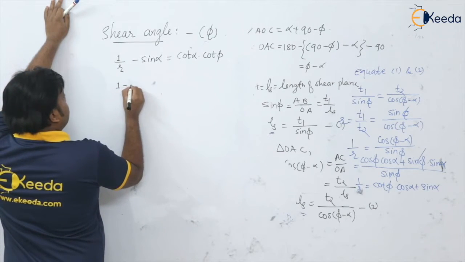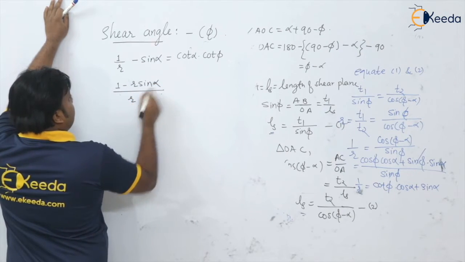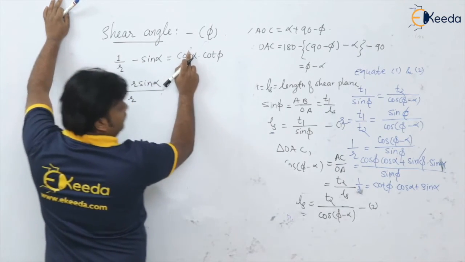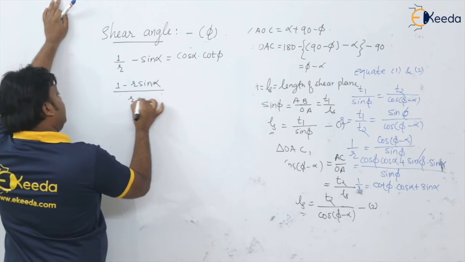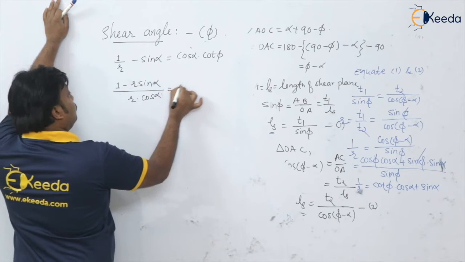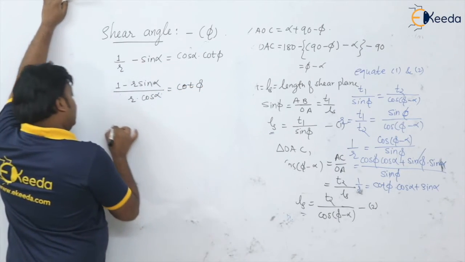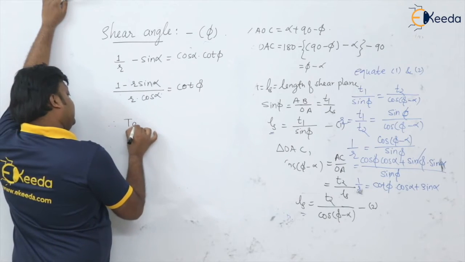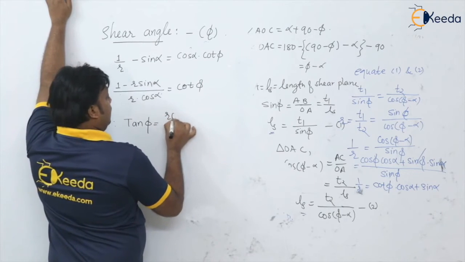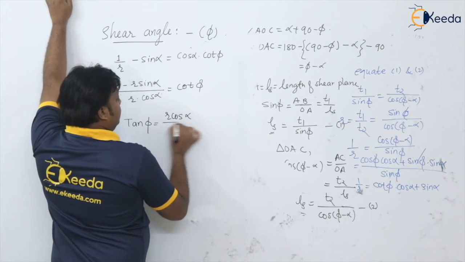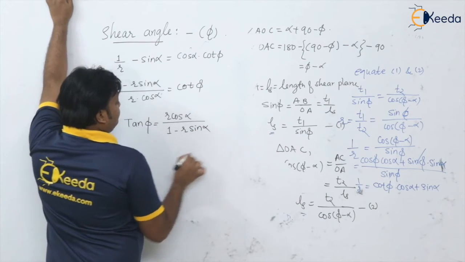So 1 minus R sine alpha divided by R, take cos alpha here, into cos alpha, is equal to cot phi, and the reciprocal of cot is nothing but tan. So therefore we can write tan of angle phi is equal to R cos alpha divided by 1 minus R sin alpha.